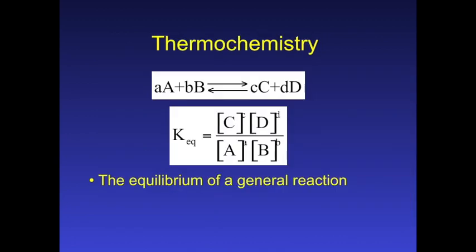Back to thermochemistry, a generalized reaction where you have products and reactants and you have the coefficients. We can find equilibrium. Equilibriums drive almost every reaction in biochemistry. There are very few reactions that are not in equilibrium. This is an important concept that we must understand.